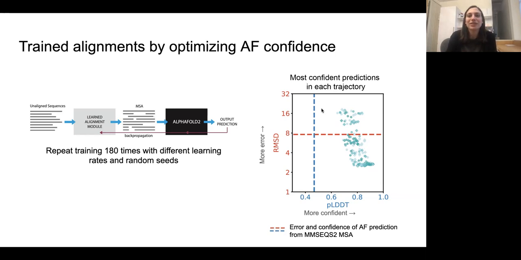In an ideal world, we'd see a nice straight relationship where the most confident points have the least error and the least confident points have the highest error. We can definitely see that trend, but it's not as clear cut as one would hope. Okay, so this is what we did for 4 different examples from CASP where AlphaFold didn't do quite as well and the sequences were reasonably long.